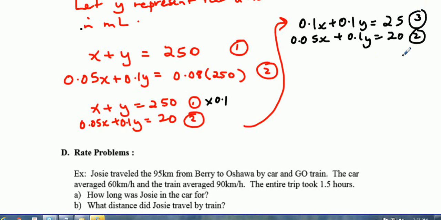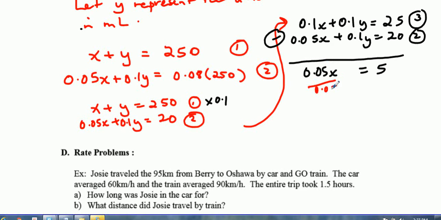All right, I'm going to do elimination again. I've got the same coefficients here, so I'm going to subtract. So 0.1x minus 0.05x is 0.05x. This is gone, eliminated, and this is 5. When I divide both sides through by 0.05, I end up with x equals 5 divided by 0.05, which is 100.